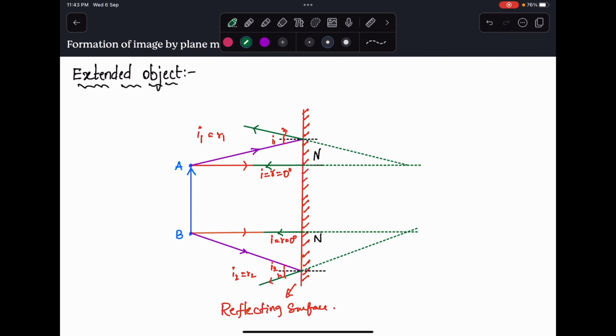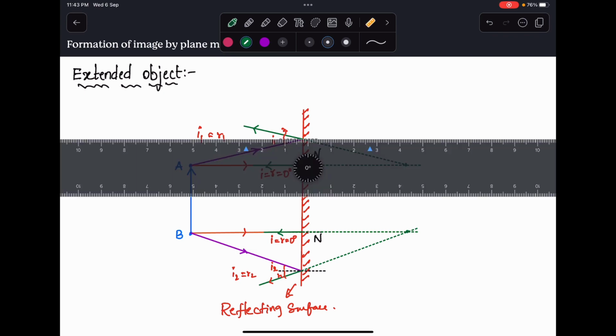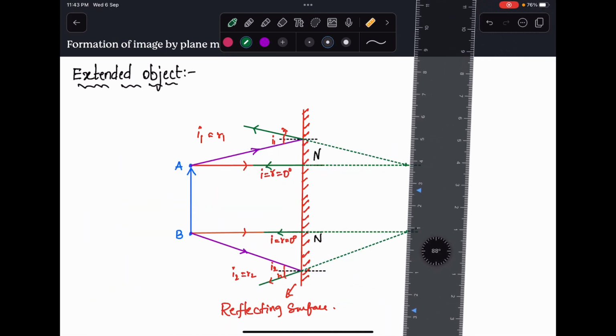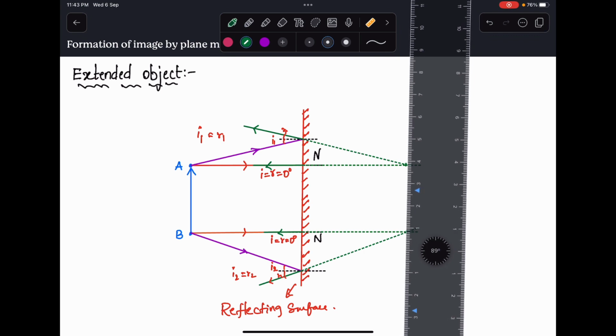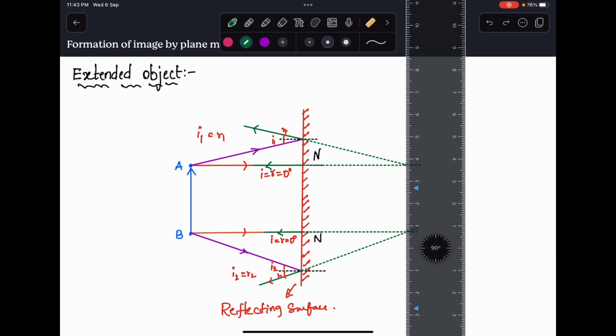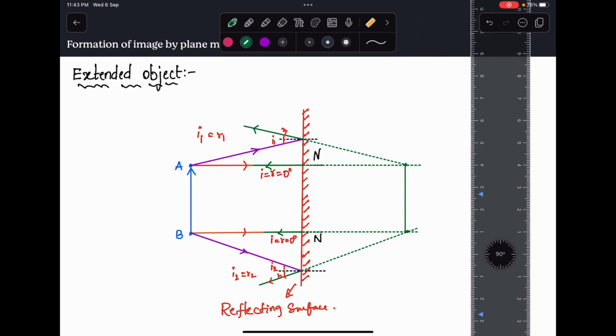So if I see clearly, this is the top of the image and this is the bottom of your image. If I join those two straight, I am going to get an image. Done. So this is your image cast by your plane mirror.